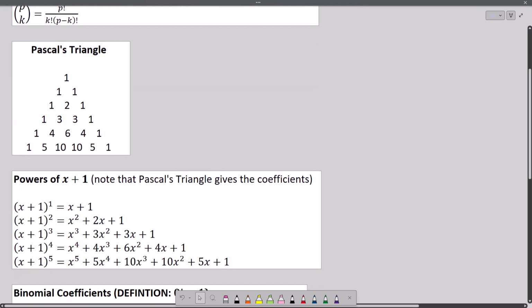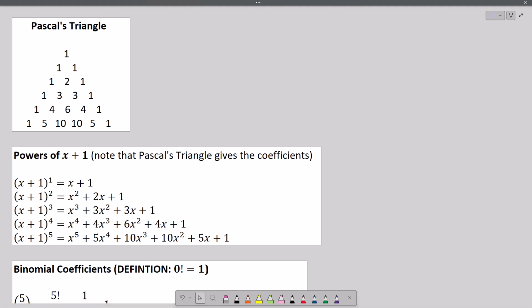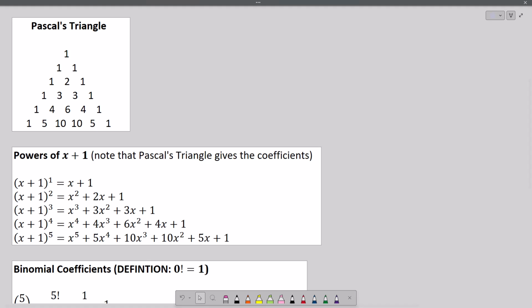Let's go to Pascal's triangle. Anyone ever seen Pascal's triangle? Yes, a few of you, not everyone, but this used to be a common thing that would be taught in high school algebra. So Pascal's triangle is showing us the coefficients for this set of binomial expansions. So all these are binomials. A binomial is a polynomial with 2 terms.